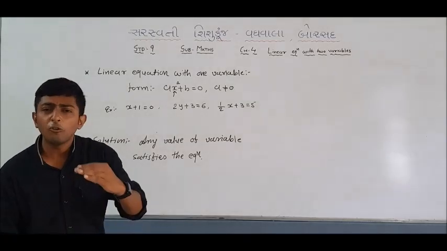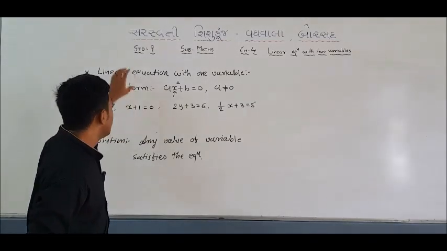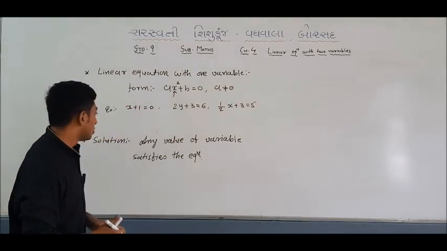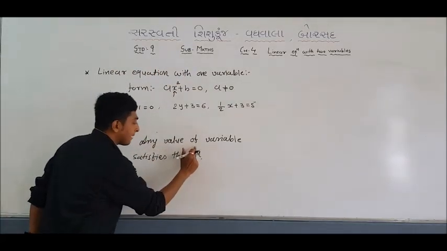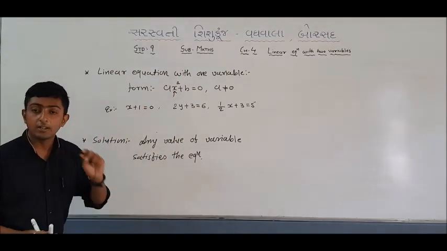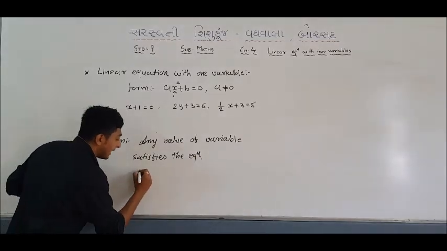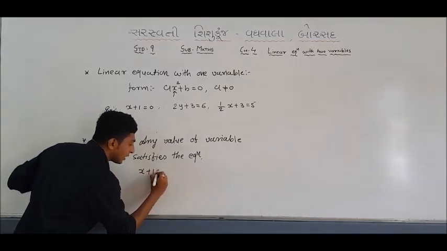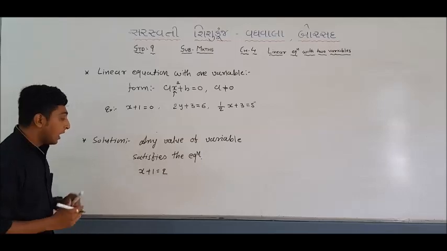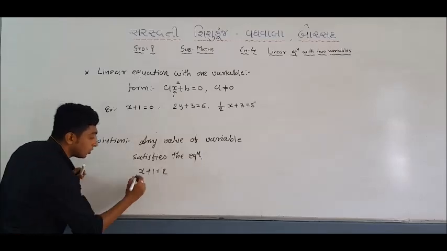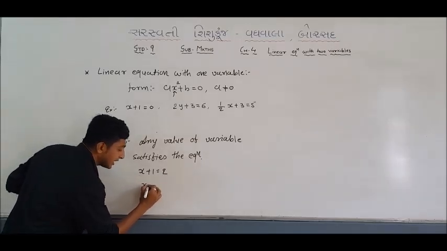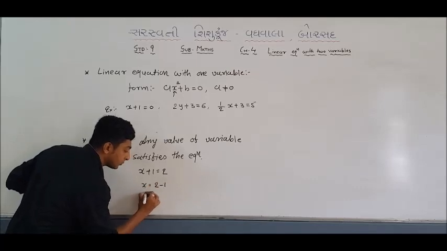Now, how do we find the solution of a linear equation with one variable? Any value of the variable that satisfies the equation. For example, if I take x + 1 = 2, how do we find the solution? First, x = 2 - 1, so x = 1.